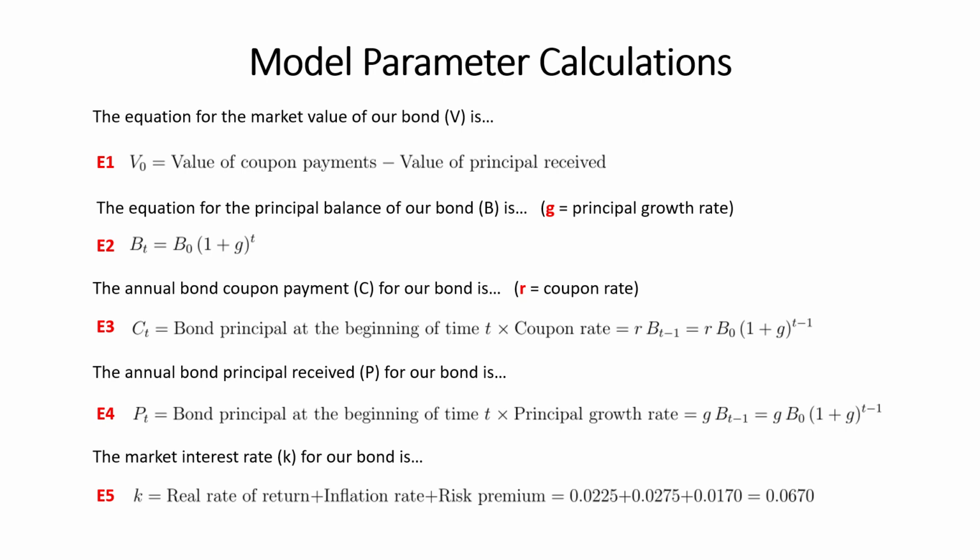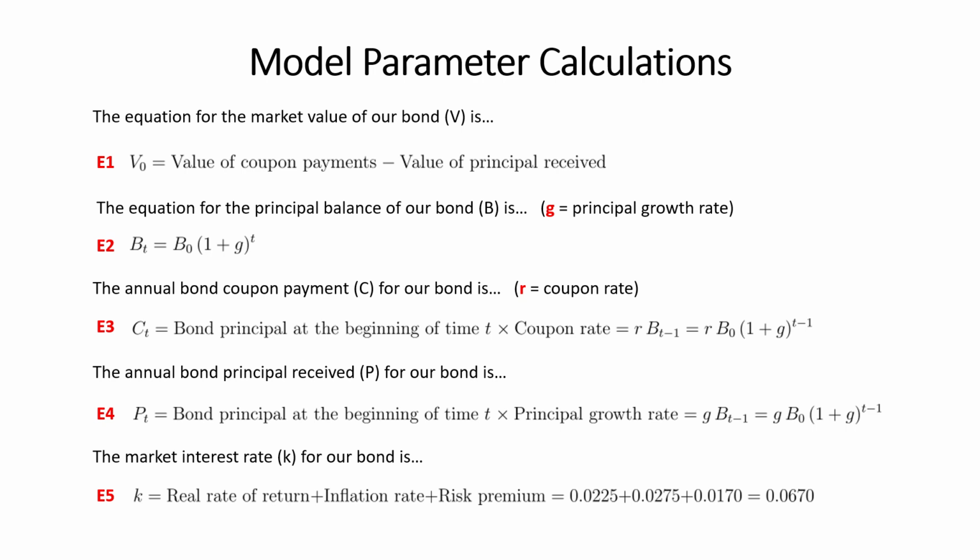Again, we're going to say that's P, and P is time dependent, so we add a subscript T. So the bond principal received, or this check that the bondholder has to cut to the issuer at the end of every year, is going to be the bond principal balance at the beginning of the year times the principal growth rate, which in this case is G. So if we took equation E2, the check that the bondholder has to cut to the issuer would be G times that face value at the beginning of the year.